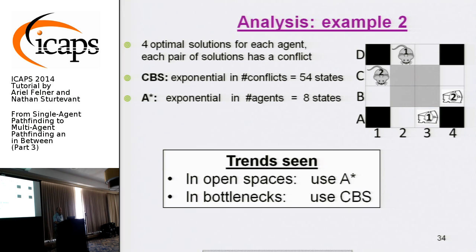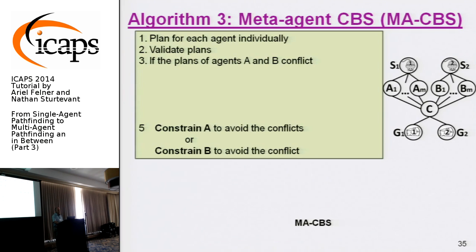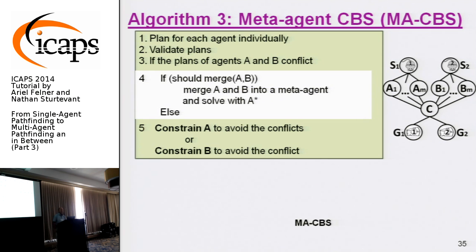The question is, what if I have both? So we have an enhancement, or a generalization, which we call meta-agent CBS. It's exactly like CBS, but we have added more lines. After you validate the plans, if you see two agents which are highly coupled with each other, they had a lot of conflicts, let's merge them into a meta-agent.